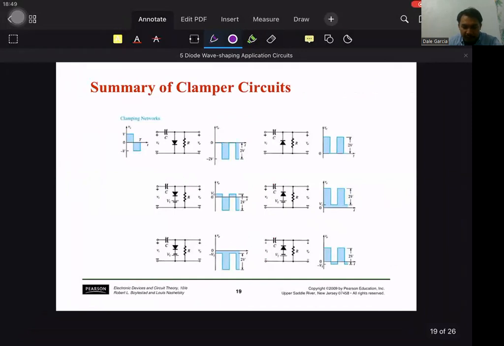We have a summary table of different kinds of configurations for clamper circuits.